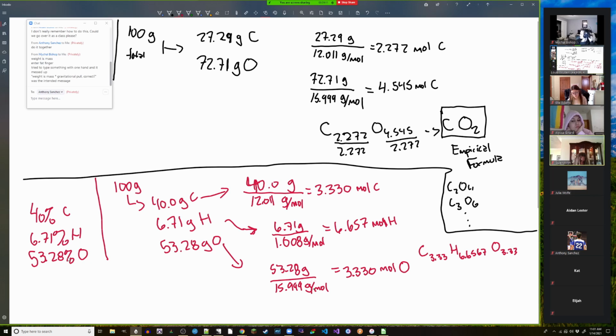Then we divide by our 3.33, right? The smallest one of these numbers here. Divide everything by it. It's very nice that carbon and oxygen have exactly the same numbers here. So these are both going to be 1s, right? Carbon and oxygen here, 1s. And then this hydrogen, we need to figure out what it is.